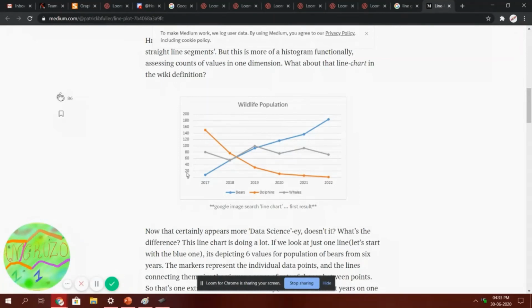So it's almost like a WV form. It's not a real form, I just made it up. So this is how a line graph is represented.